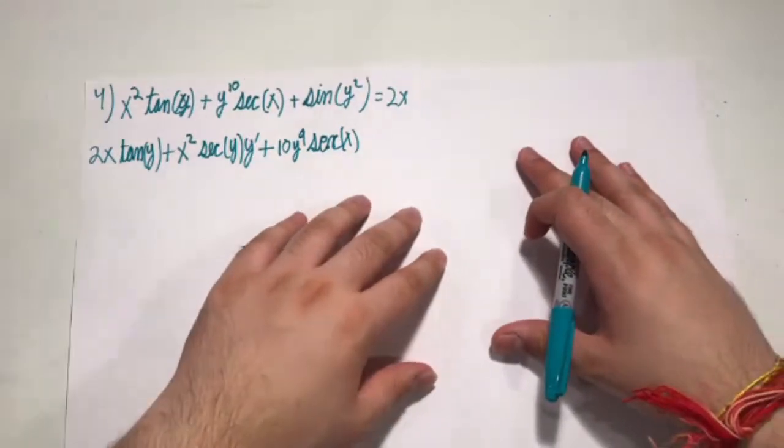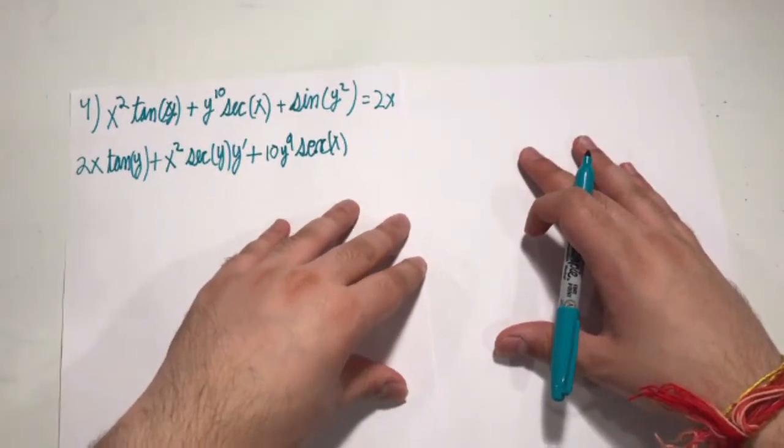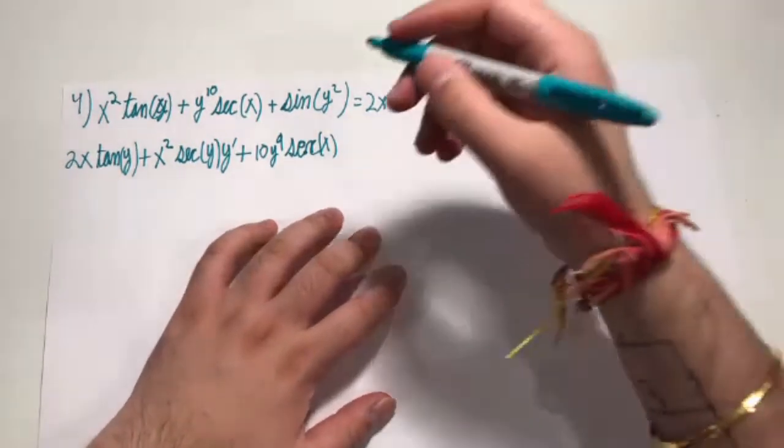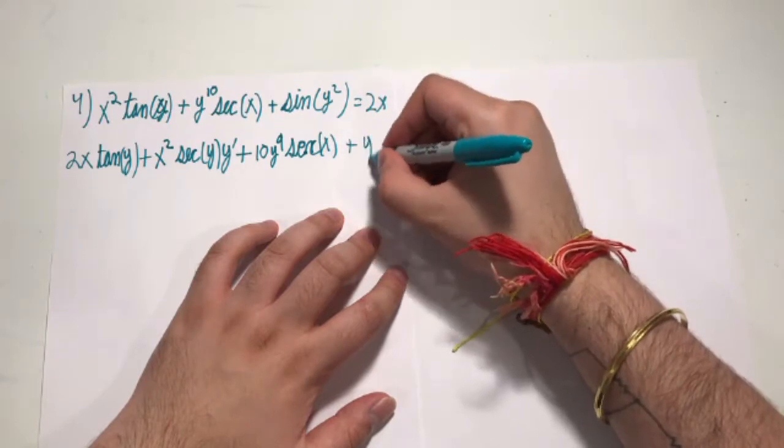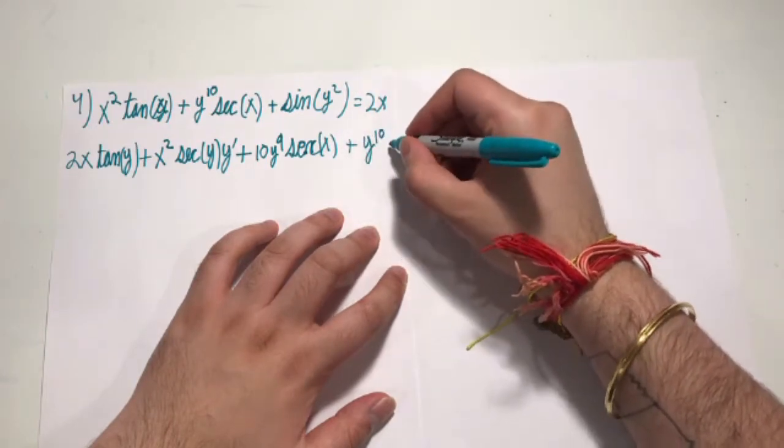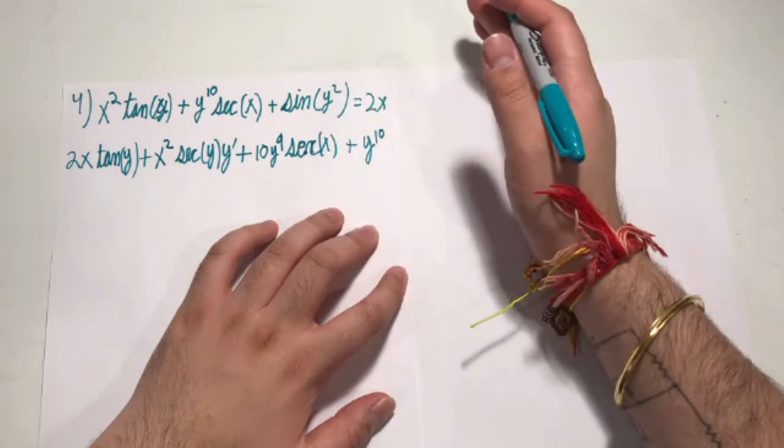I'll just set it up like this and make sure that's in frame. Cool. Secant x, and then plus the first thing, which is y to the 10th secant, times the derivative of the second thing.